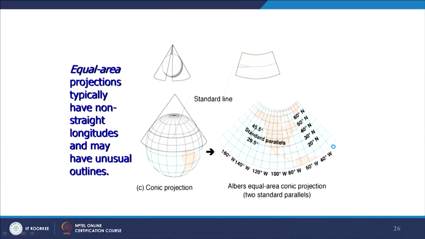Later on, they were coded in the Fortran language, and now they have been coded in other languages too. For example, equal area projections typically have non-straight longitudes and may have unusual outlines. So, some distortions might be there in some places.